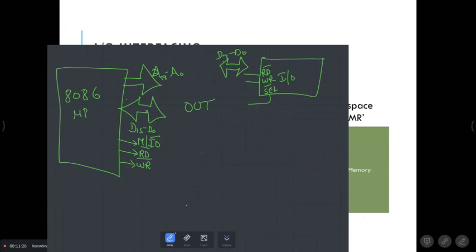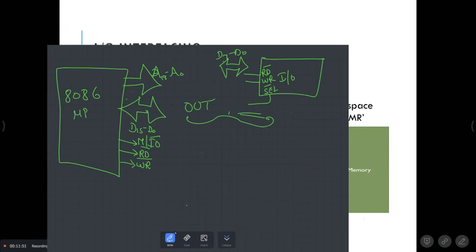We will see the syntax of the out instruction. In the out instruction, we are going to specify the address also, which address this particular data is going to. Have you understood this? Yes or no? You have used this in and out instruction already in the laboratory. Right?